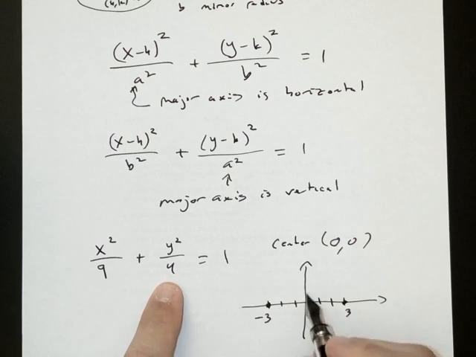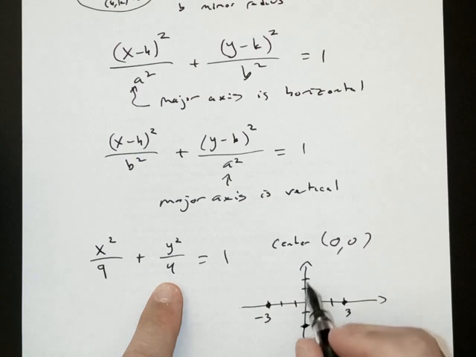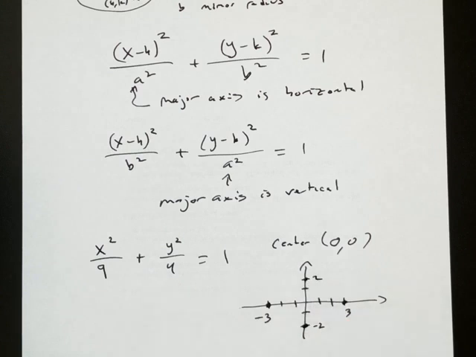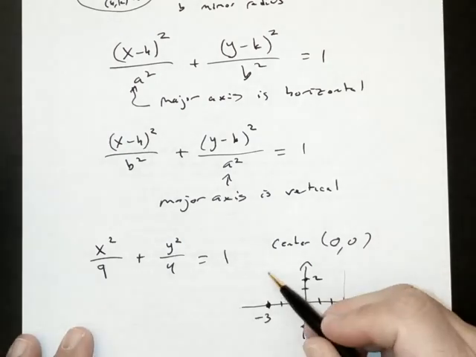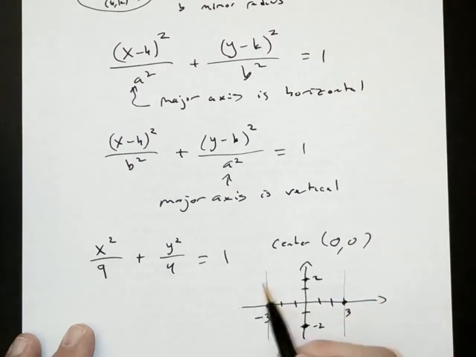This one gives me the minor axis. I go 2 up and 2 down. Which means if I make a box with vertical sides going through the negative 3 and the 3, and horizontal sides going through the 2 and the minus 2, I have a box that my ellipse lives in.